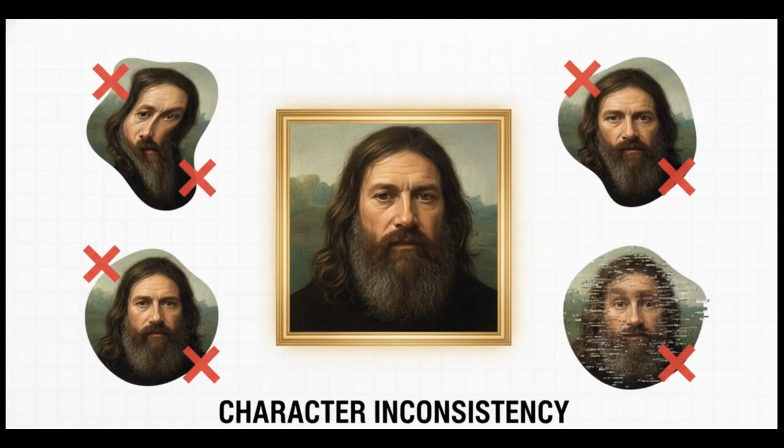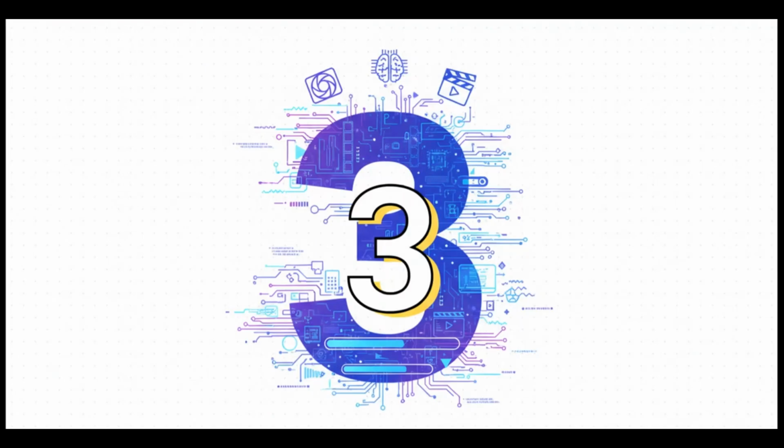But even if you have the most perfect prompts in the world, we still run right back into that main challenge. The one thing that has plagued AI videos since day one: making sure your main character looks exactly the same in every single shot. But what if I told you the solution to this massive, frustrating problem is surprisingly simple? In fact, it all comes down to a single number: 3.